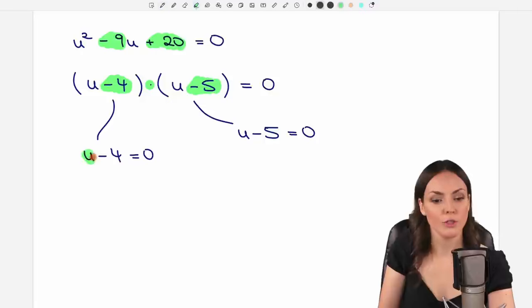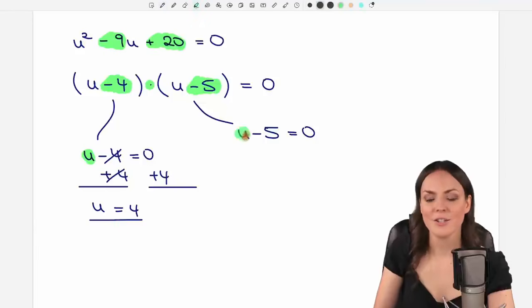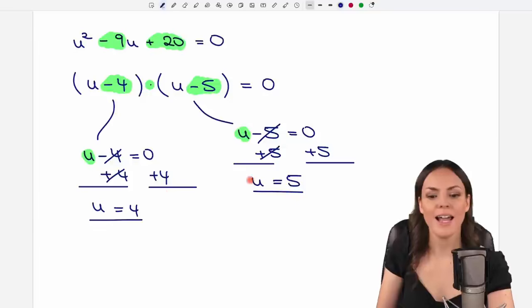To solve this for u, I just add 4 on both sides of the equation so that I have my u here. This cancels out, and on the other side I have my 4, a first solution by the way. And for a second solution for my u, I add the 5 on both sides of the equation so that I have my u on one side because this cancels out, and on the other side I have the 5, another solution. I have two solutions for my u.